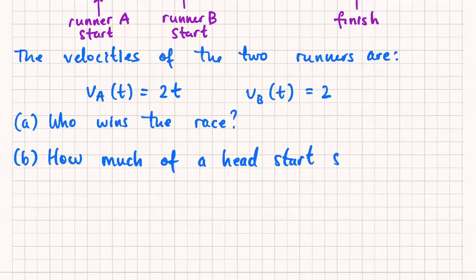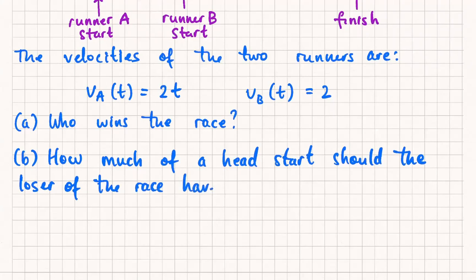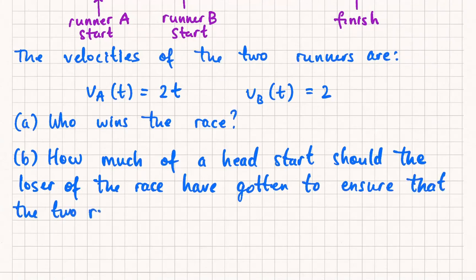How much of a head start should the loser of the race have gotten to ensure that the two runners finish at the same time?